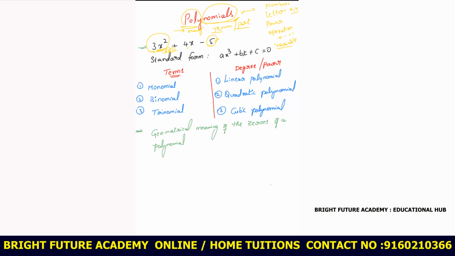In 4x, the x value may change according to the sum, so this is called a variable and 5 is called a constant. So a polynomial will have numbers, letters, power or degree, operations, variables and constants.